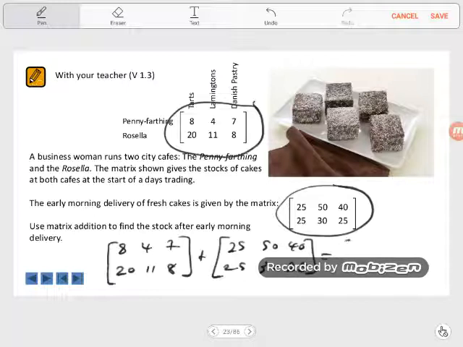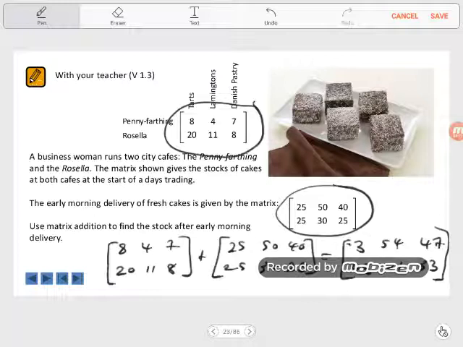Okay, so you can have a go at that. Pause the video if you want. Okay, now I'm going to do it. 54, 7. Okay, so the total stock, oops, hold on, what have I got there?